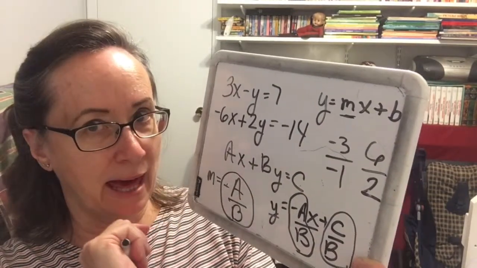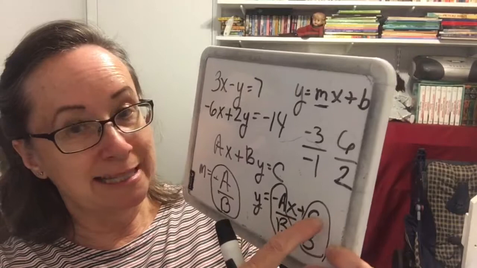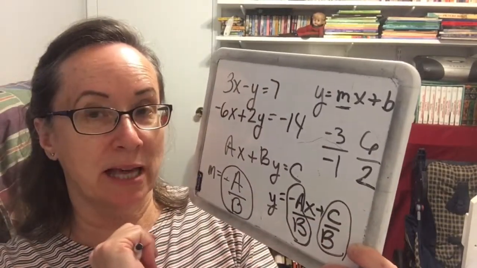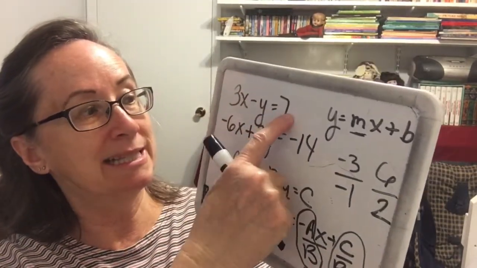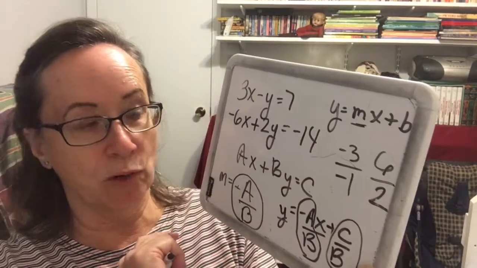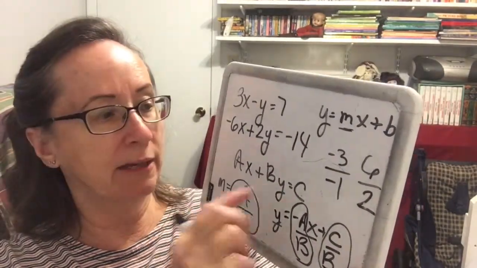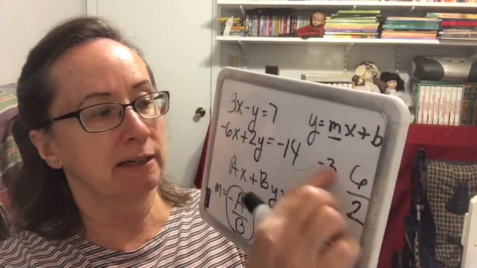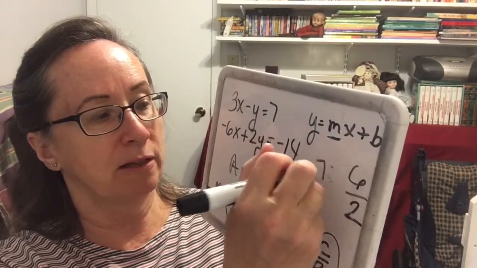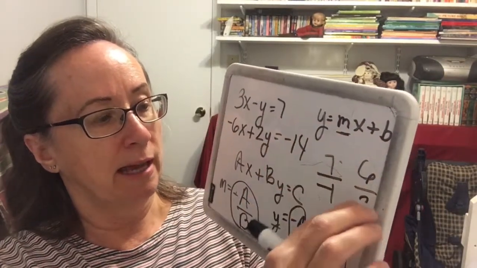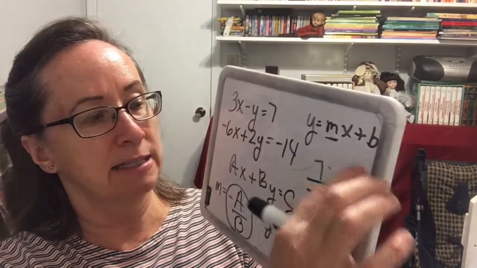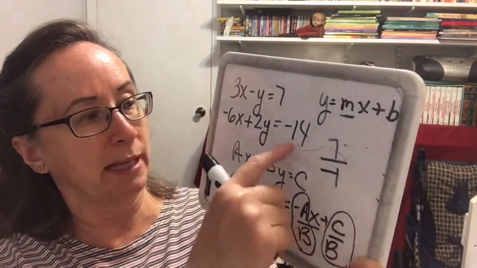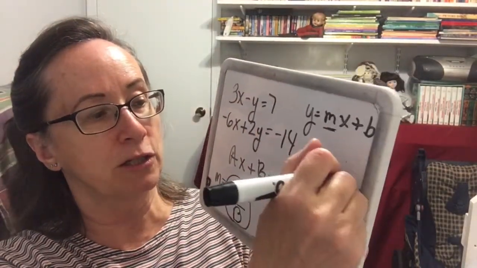But not only that, c over b is the y-intercept. So 7 over negative 1 is the y-intercept of the first line. And then the second line's y-intercept, c over b, is negative 14 over 2.